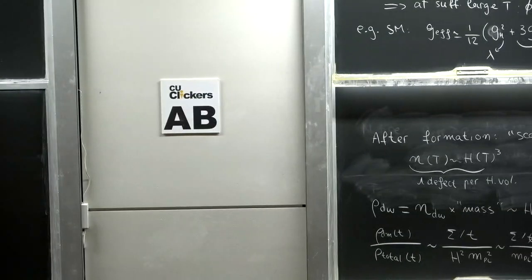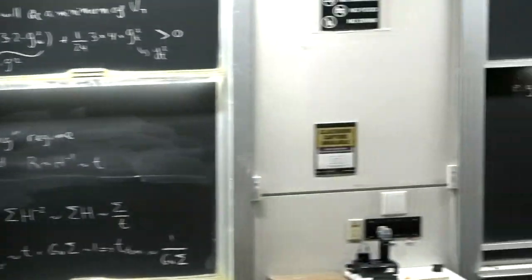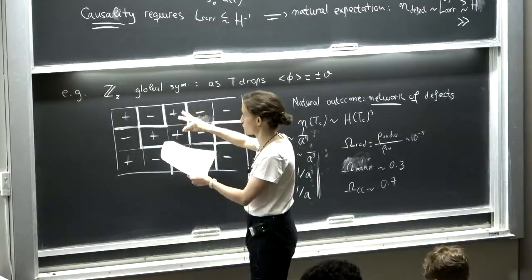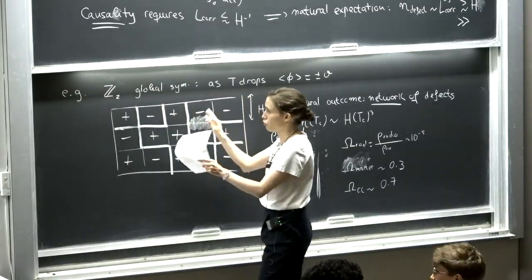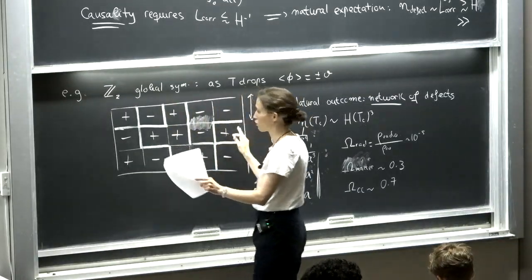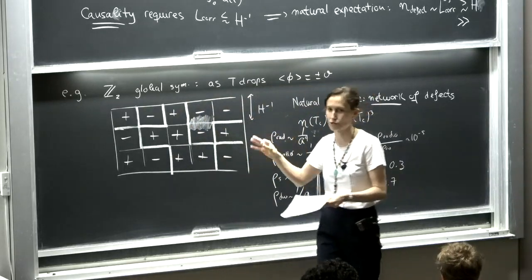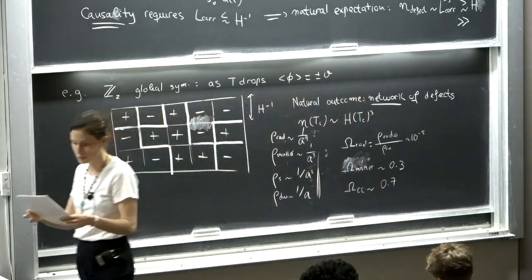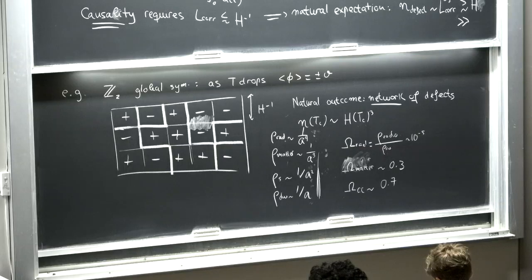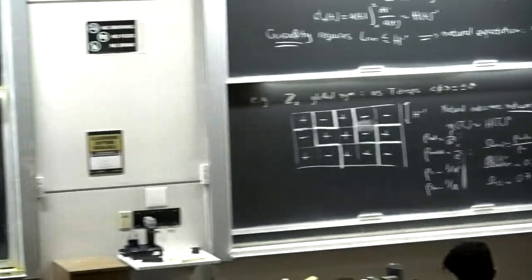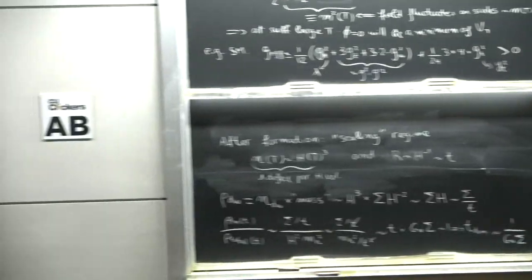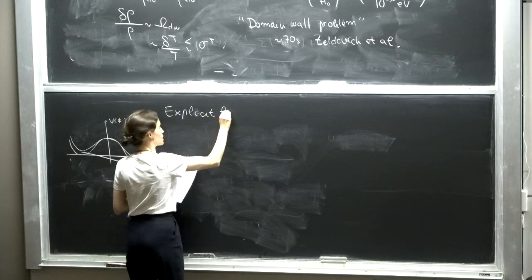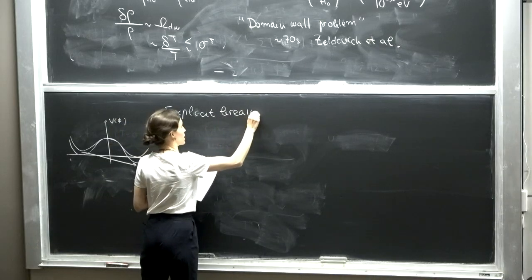What that means is that the regions which are in this preferred plus vacuum will just grow bigger and bigger and eat all of the rest, all of the false vacuum eventually. So let me just sketch that and what that actually entails. So explicit breaking of a global symmetry can actually get around this problem.